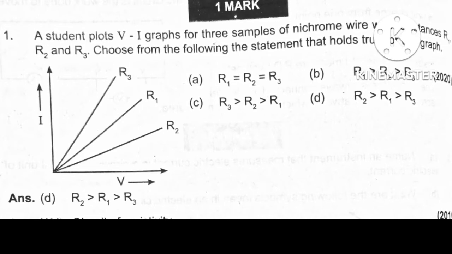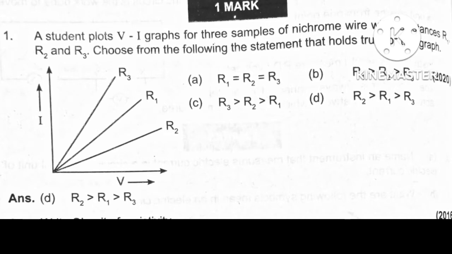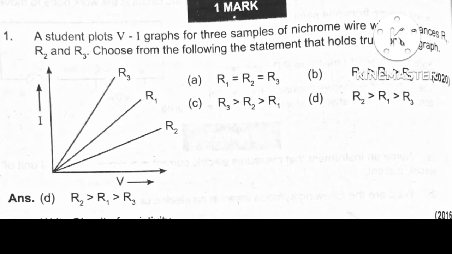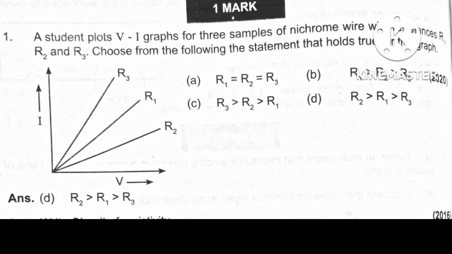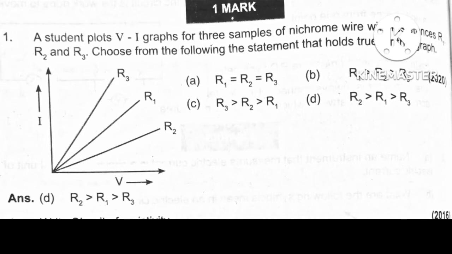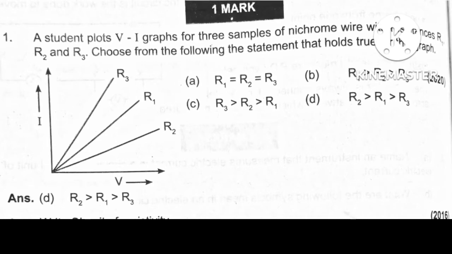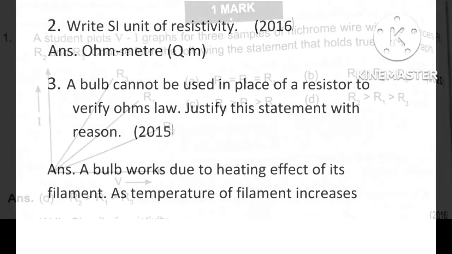Because slope is equal to y by x, that will be I by V. So that we can find the reciprocal, then we will get V by I. So R1, R2 and R3 we can calculate, and from the graph itself we can understand that here R3 is very small, right? Then R1 and R2. So the correct option is option D, that is R2 greater than R1 greater than R3. So R2 is the greater resistance and R3 very small resistance.